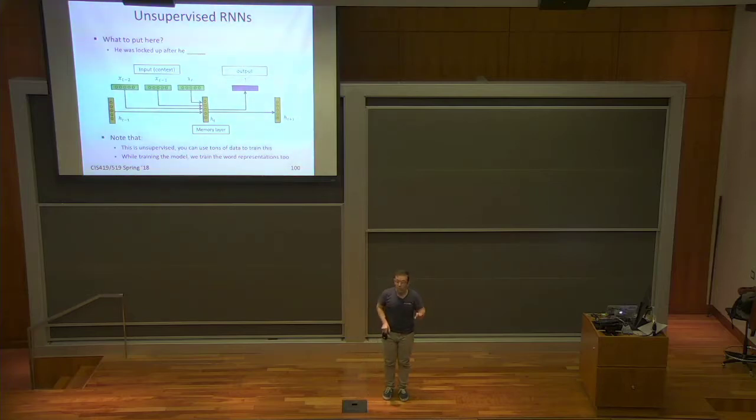Let's say I start with latent representations for my words. They're random. That's how I initialize them. But I keep training this RNN on unsupervised data, on lots of text. And as I'm training this, I update the vector representations of my words, right? The question is, at the end of my training, what are these representations going to look like?